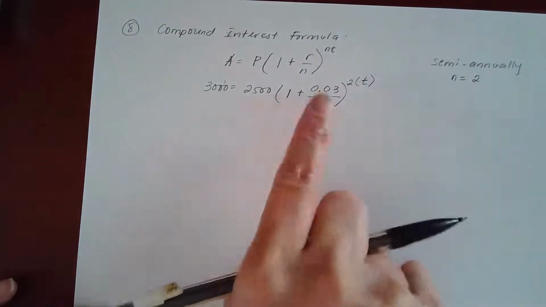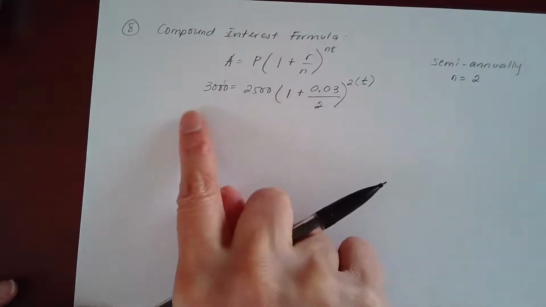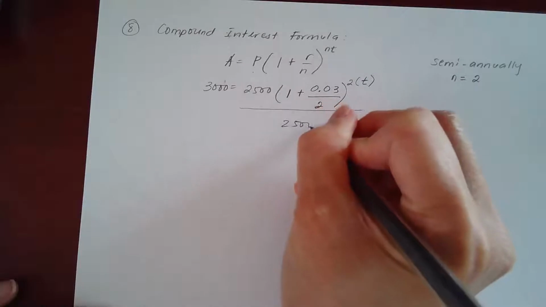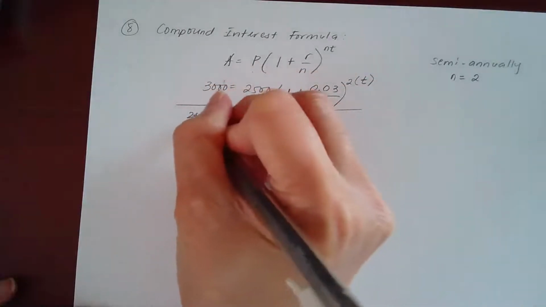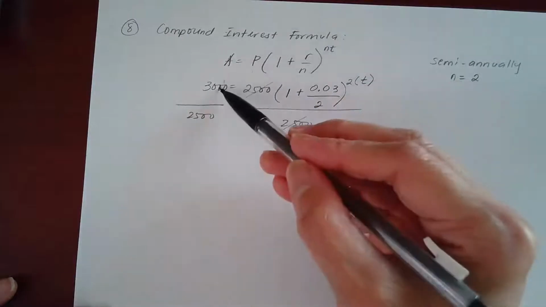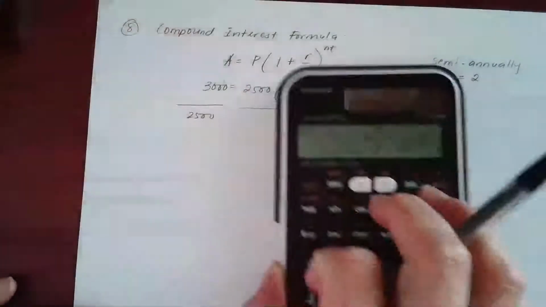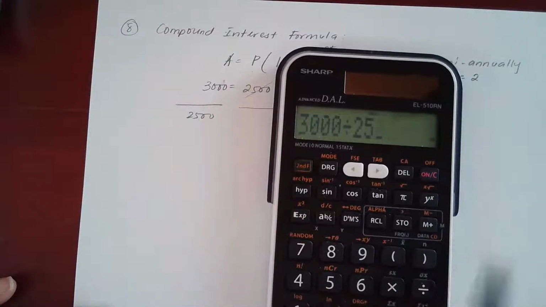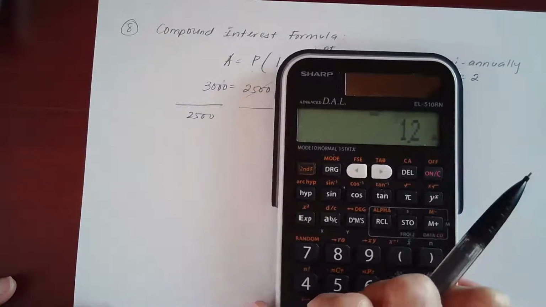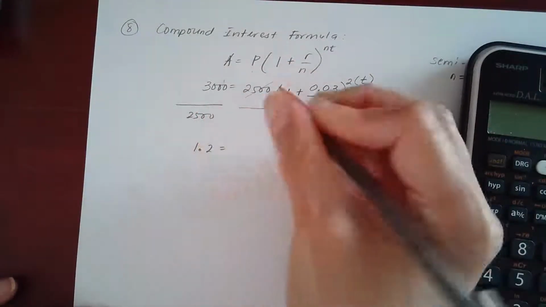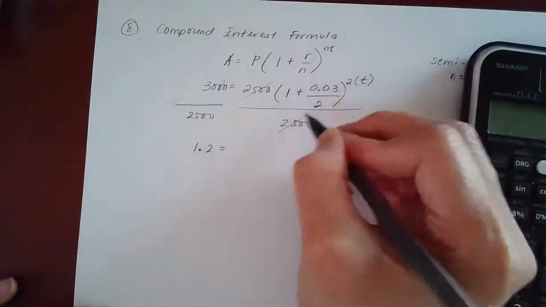So first of all, let's divide both sides by 2,500. That just eliminates that one. So 3,000 divided by 2,500. We're going to get, oh, that's a nice number, 1.2. 1.2 is equal to, now we're left with this one.